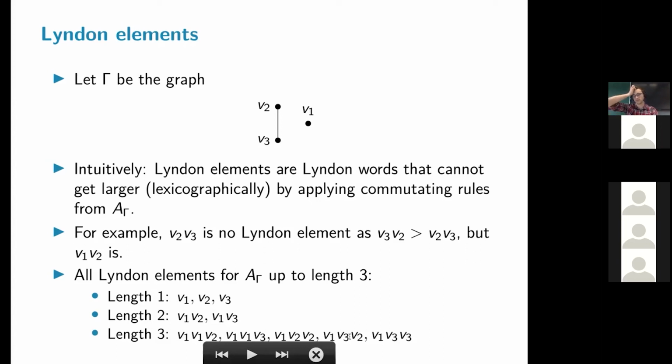So this explains why this Lyndon word is a Lyndon element, but the other one is not. Now, I should add that this is a quite informal and intuitive way of thinking about it. To make this rigorous and really well-defined, there is some more work you have to do, but I thought this was more appropriate to put in a presentation than going through all the details.